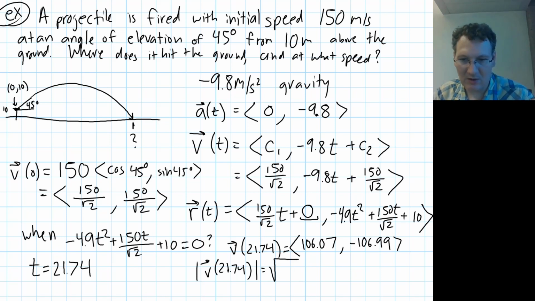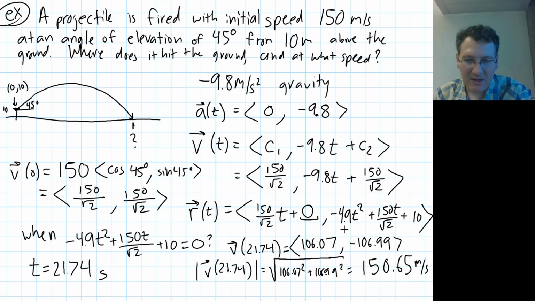That's the square root of 106.07 squared plus 106.99 squared. The negative doesn't matter here. So that speed when it hits the ground is 150.65 meters per second. Okay. And this is, of course, assuming there's no wind and that the ground is flat and all that stuff.